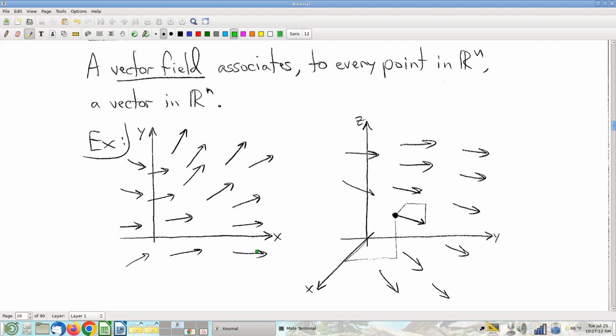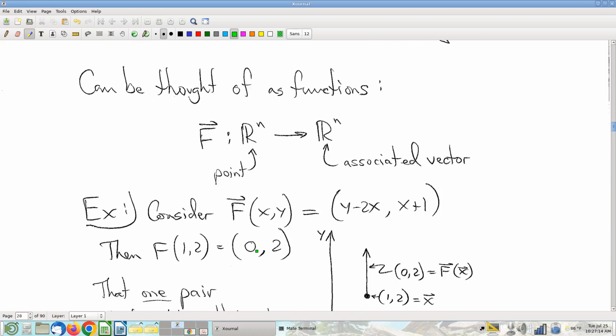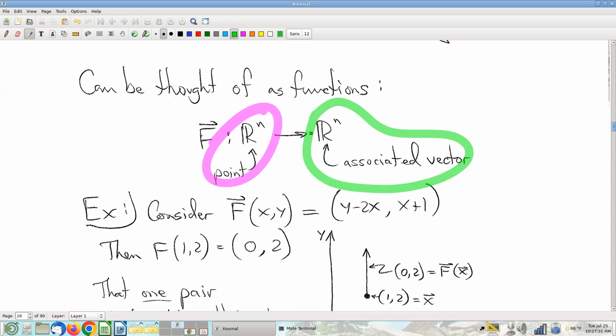All right. We write these as functions, and this is just a way of thinking about it, but whatever point you're talking about, you can think of that point as being the input to a function, and given a point, in other words, there is a resulting, or you might say output, vector that you associate with that point. And so it's literally a function. And so, for example, let's take a look at this one right here.